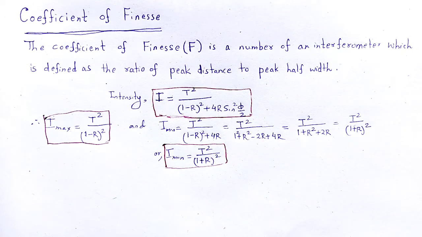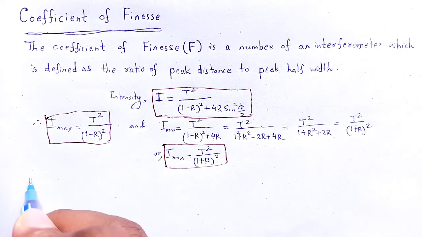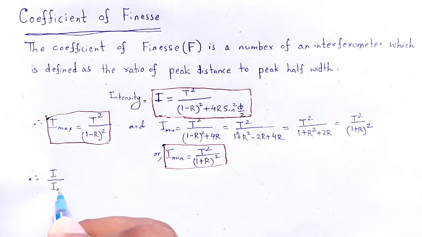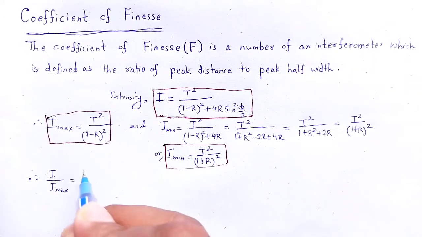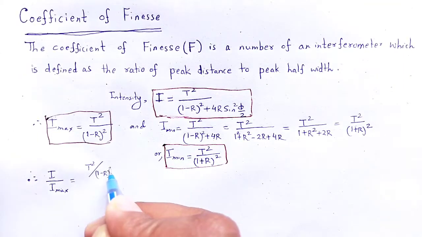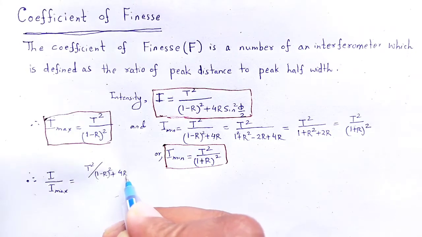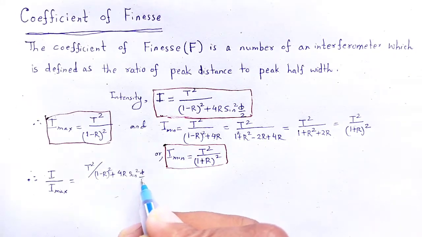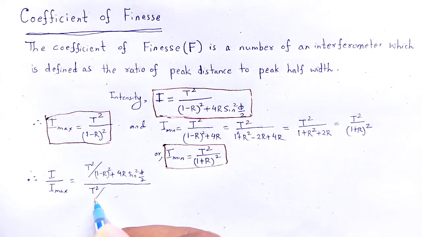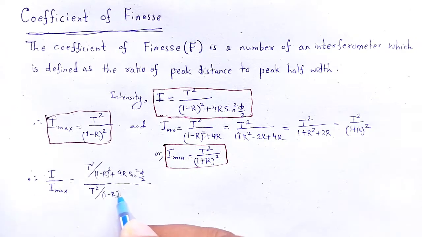Let us evaluate the ratio of I to I max. The value of I, T square divided by 1 minus R square plus 4R sin square phi by 2, divided by I max, T square divided by 1 minus R square.